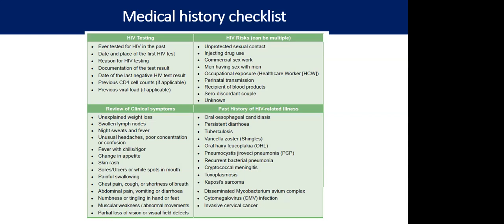And past history, like all HIV-related illnesses, you need to ask and try to document: oroesophageal candidiasis, persistent diarrhea, tuberculosis, varicella zoster or herpes zoster, oral hairy leukoplakia, and some of them are HIV AIDS-defining conditions like Pneumocystis jirovecii pneumonia or recurrent bacterial pneumonia, cryptococcal meningitis, toxoplasmosis, particularly of the brain, Kaposi's sarcoma, disseminated MAC, CMV infection, particularly of the retina, and invasive cervical cancer in case of women.